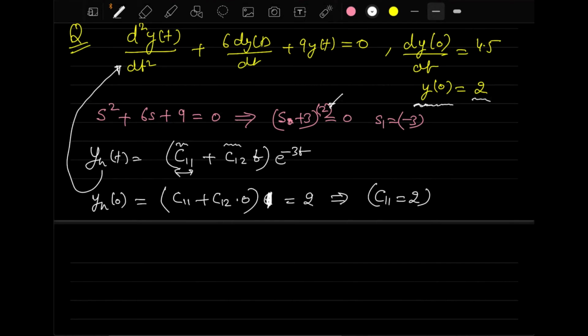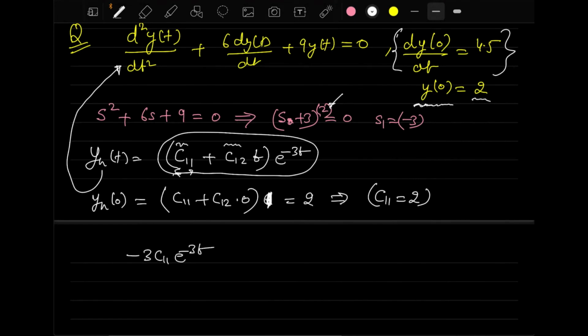Now in the second case you have to take the derivative, and that you have to set to 4.5. In the first term, when you take the derivative, you will get minus 3 C11 e to the power minus 3t, and then it's easy. In the second term, you have to apply the chain rule here.